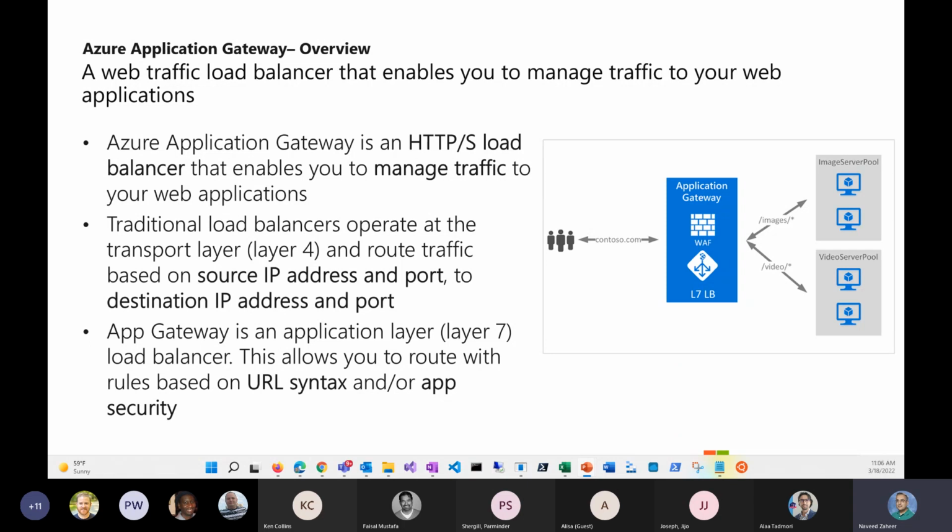One other big example is an AKS cluster. It can be used as an ingress controller for an AKS cluster. So you can have all of these things with private endpoints behind it, and it will be able to load balance across that. That's one of the key capabilities that it provides.